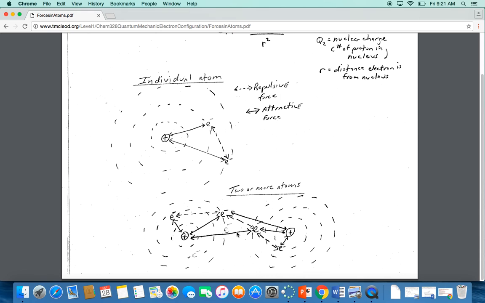So you get a resulting force, and three possibilities can happen. Either one atom's attractive force is so strong that it takes the electron from the other one. Then you form ions. The one that gets the electron is a negative ion, called an anion. The one that releases the electron is the positive ion, called a cation.